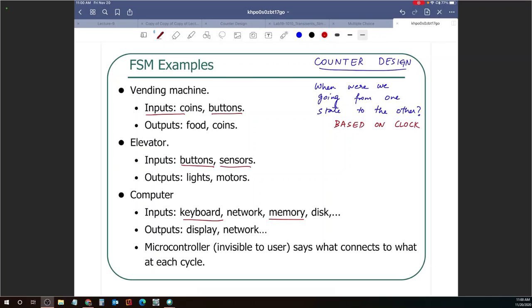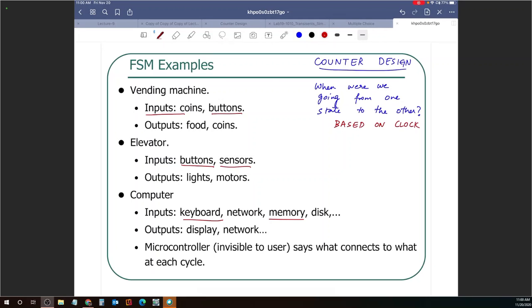You see that the change from one state to the other in a counter was happening automatically because we made the transition based on a clock. But I could also switch this into a more interesting user application in which I go from one state to the other when something real happens.